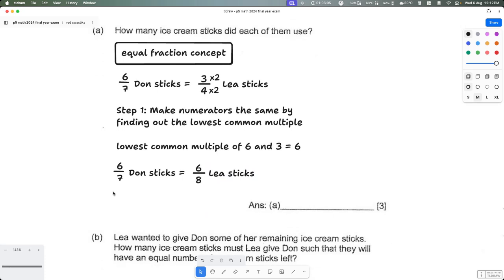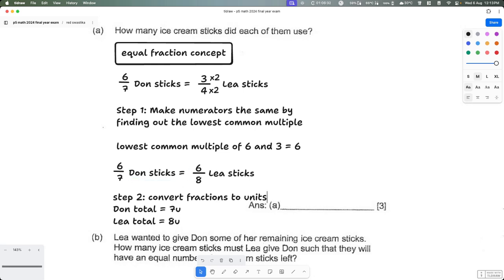Let's move on to step 2. Step 2 is convert fractions to units, which means Dawn's total is equal to 7 units and Leia's total is equal to 8 units.